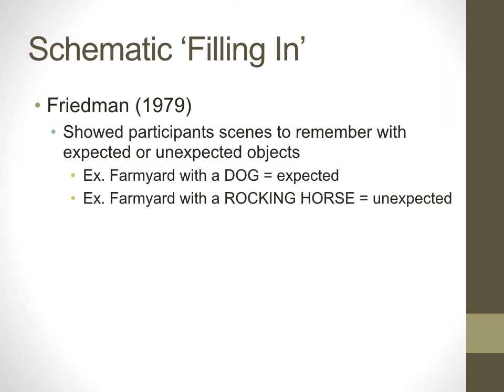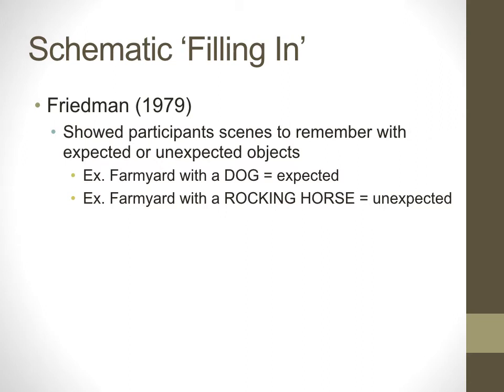However, if there were changes that were unexpected, so, if the stove was replaced by something like a toilet, or if, in the originally viewed kitchen, there was a fireplace and the test picture did not have a fireplace, participants consistently detected this alteration. So if there was something that didn't fit in the kitchen picture previously and then they were shown a new picture and it was gone, they would identify that this was a new picture.